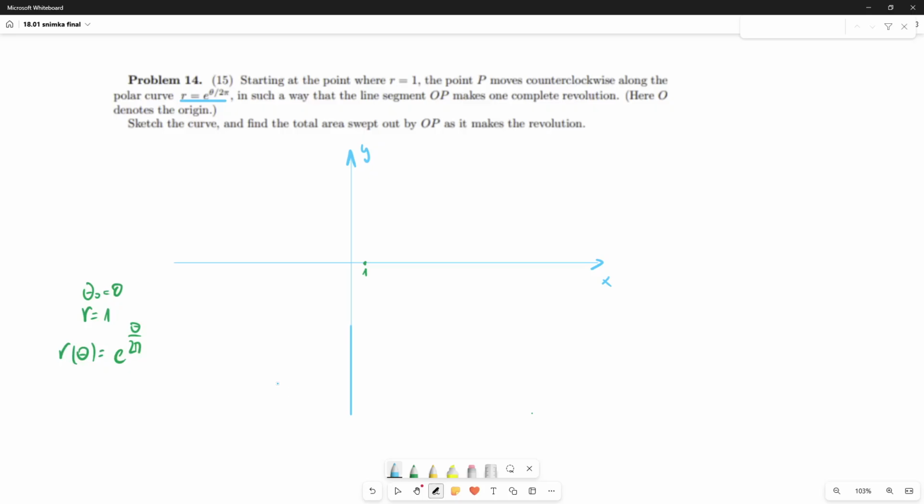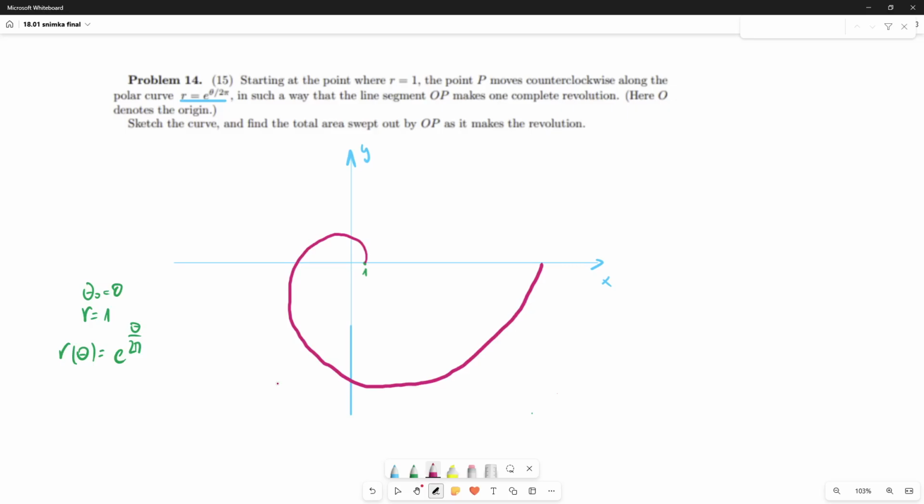We are only left with an approximate sketch. So here let's draw our curve. It's a spiral with increasing r, and here is the segment of the spiral that we need.